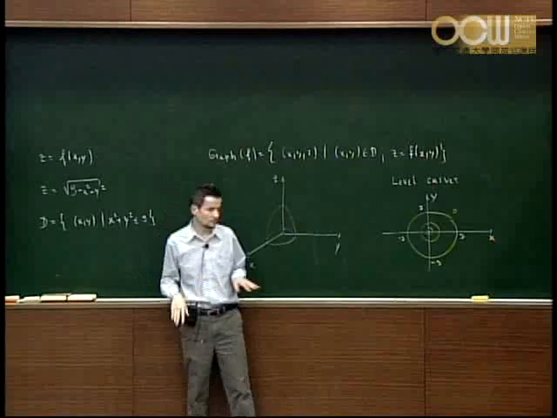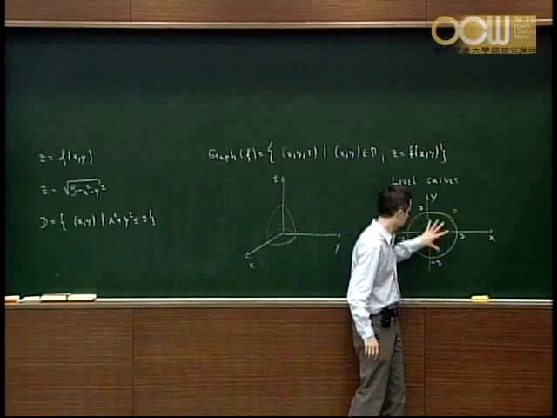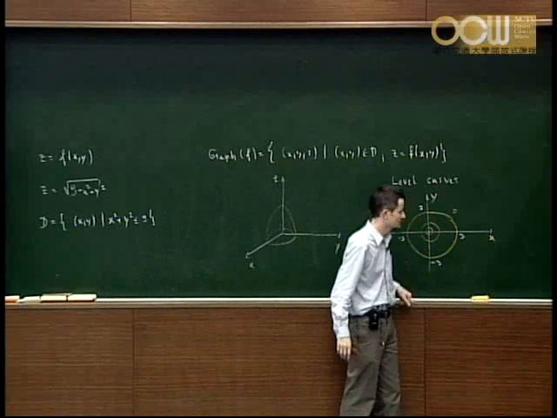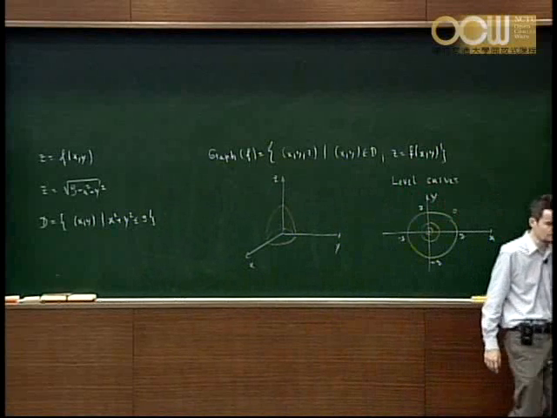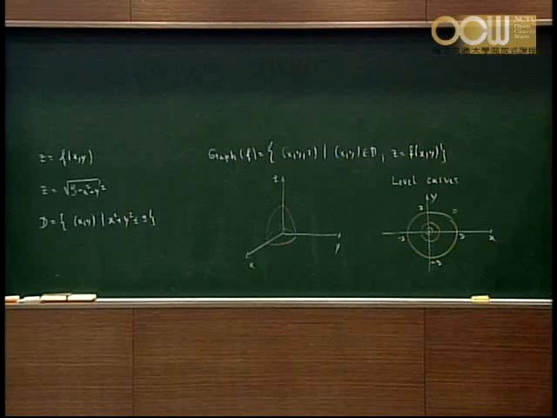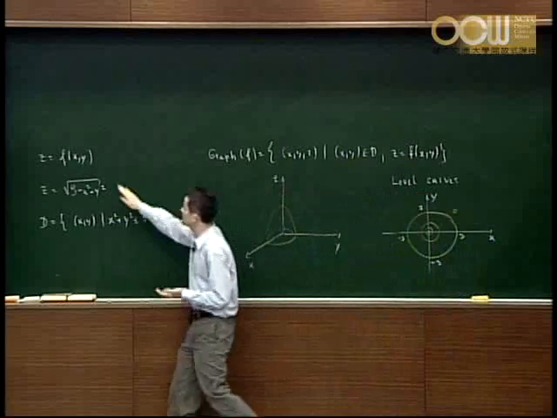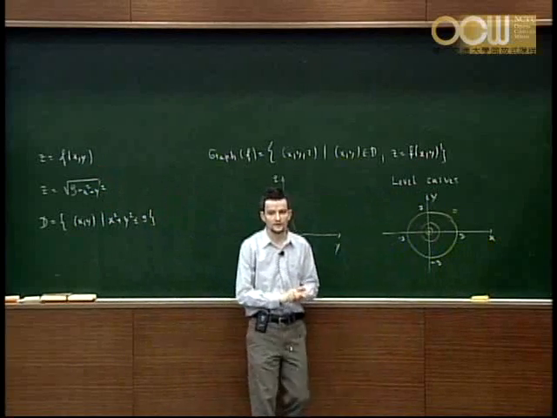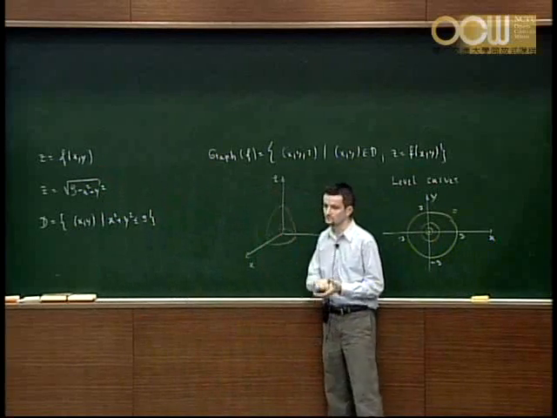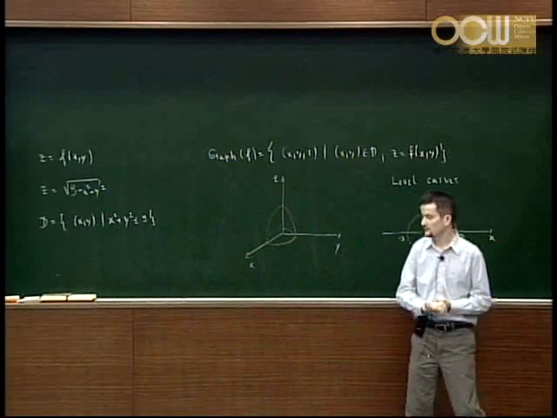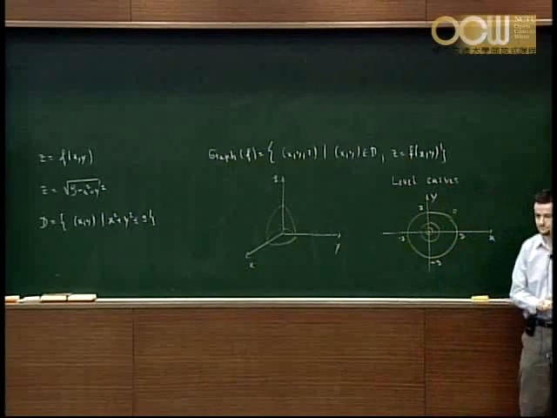You normally use different colors, so you plot all the points where the height is the same in the same color. So there are two ways to plot such functions. One is plotting the graph, which is then in space, and another one is plotting the level curves.